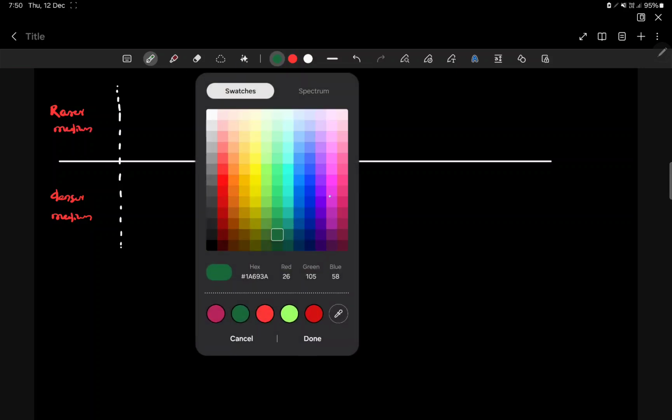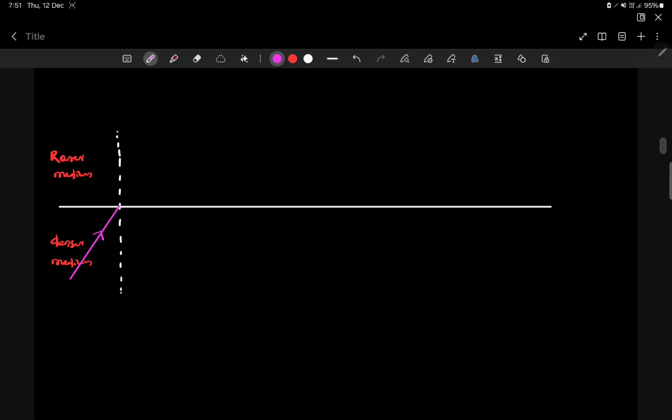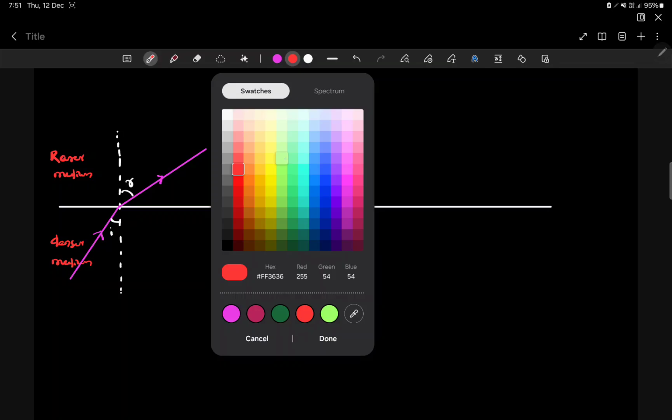Let's consider light travels from denser to rarer medium. We know when light travels from denser to rarer medium, the refracted ray moves away from the normal. In this case, this one is angle I and this one is angle R, the angle of refraction.